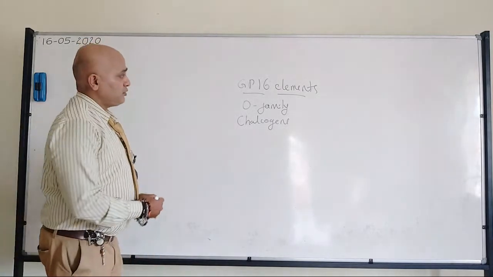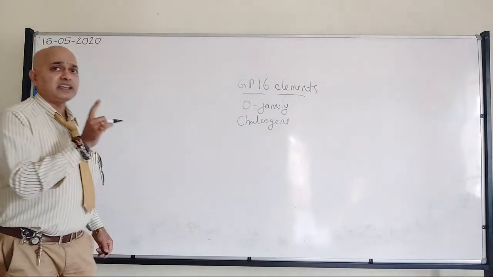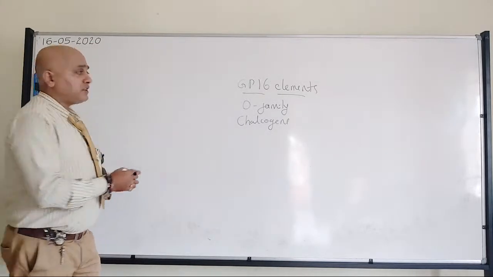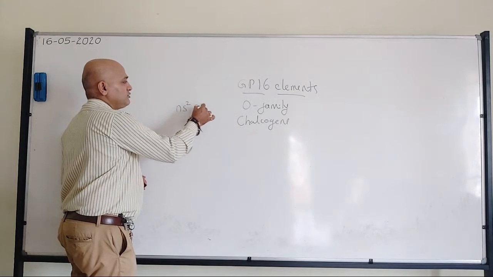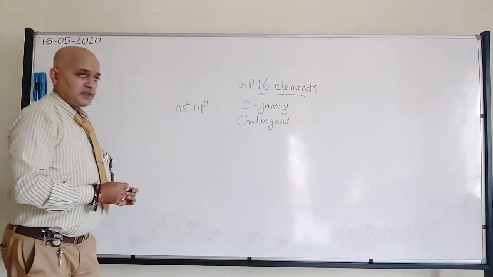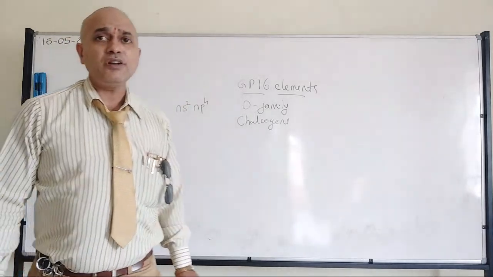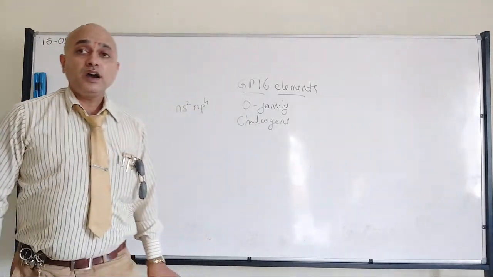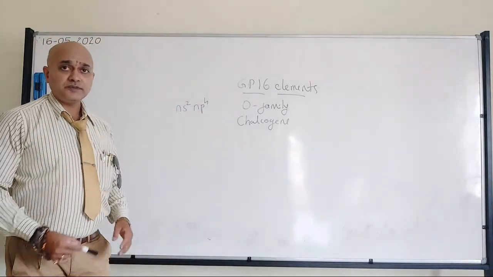Now, as I have told, since it is group 16, they should have 6 valence electrons, so the outermost electronic configuration should be ns2 np4. So a total of 6 valence electrons, ns2 np4, is the outer electronic configuration for group 16.